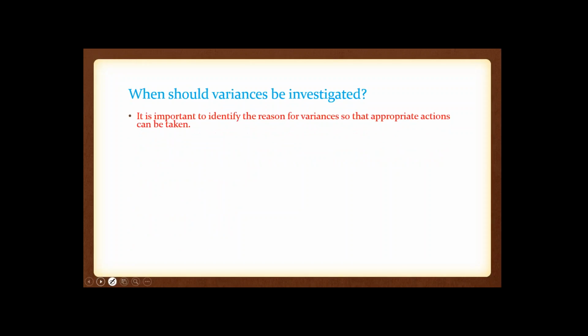Identify the reasons for variance. If it is wrong accounting, don't try to analyze the variance and think about it, because it's nothing to do with the variance. It's your wrong accounting. So identify the reasons for variance and take the corrective actions so that appropriate actions can be taken.